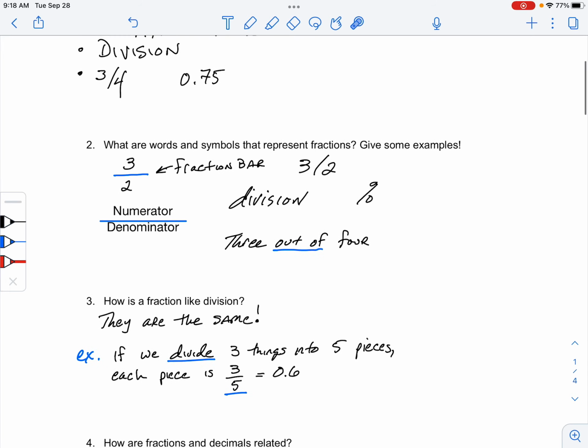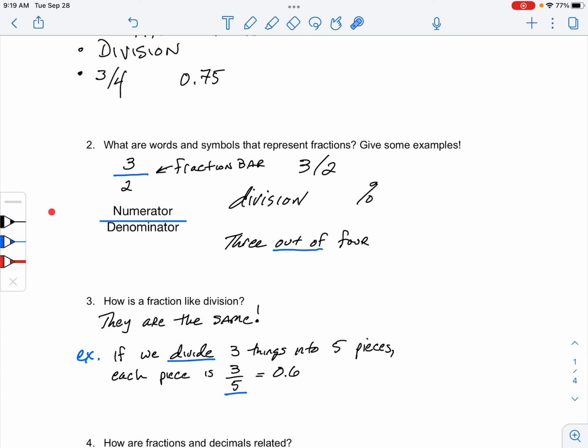Thinking about words and symbols that might represent fractions, we have our fraction bar. This is something that a lot of us think of. So 3 out of 2 is a way that we might say this. You can also see it written like this with the forward slash. Oftentimes certain programs will only let us write it like this, but that means the exact same thing as if we were to use the fraction bar.